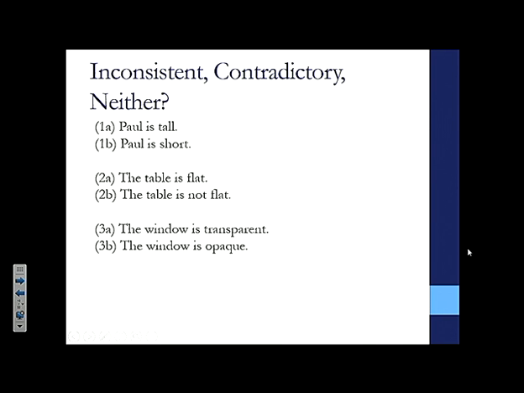Because, by definition, a set of statements is inconsistent if they yield a contradiction. Is every contradiction a contradiction? Yes, every contradiction is a contradiction. So every contradictory pair of statements is an inconsistent pair of statements.